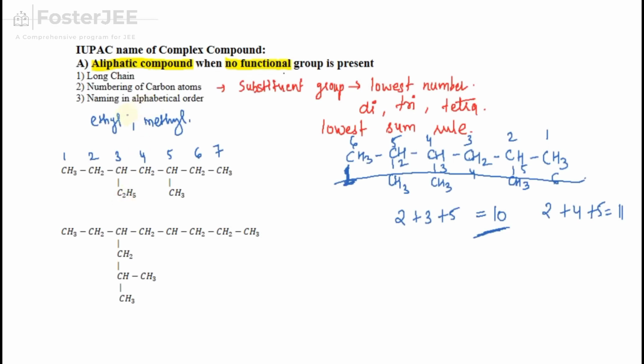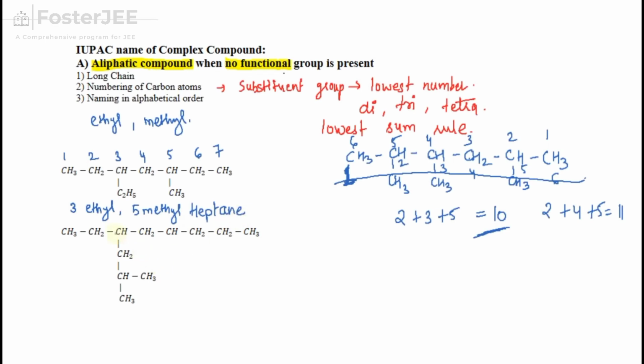Now naming in alphabetical order, the name of the compound will be 3-ethyl, then 5-methyl, and the root word will be hept. The primary suffix will be ane, and there is no secondary suffix because no functional group is present. So the name of the compound is 3-ethyl-5-methylheptane.